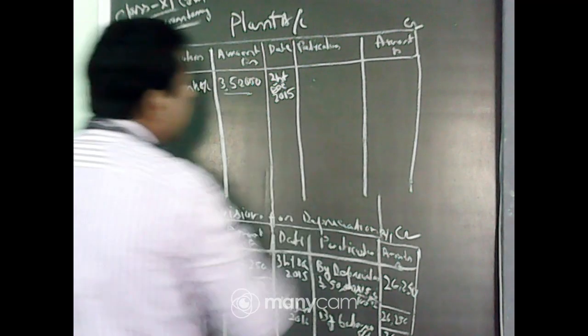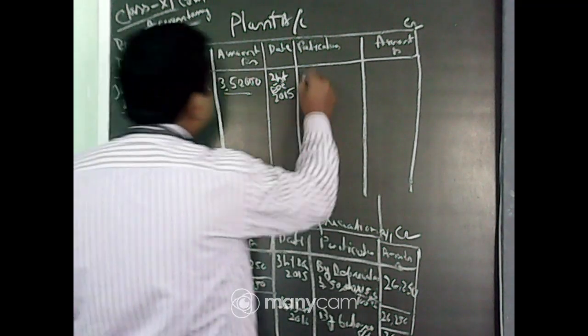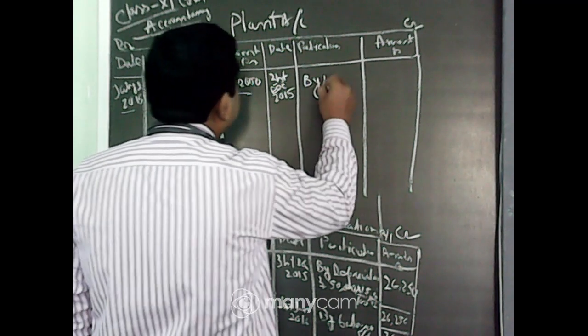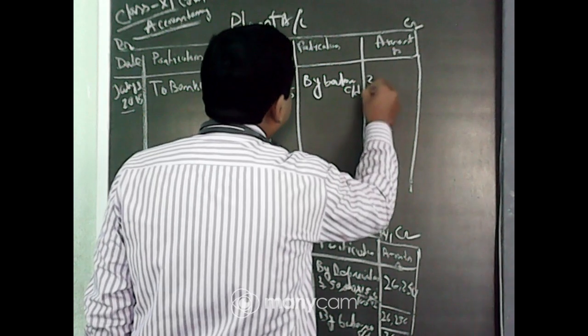Now what will be done in here? Here we would just transfer the by balance CD 3,50,000.